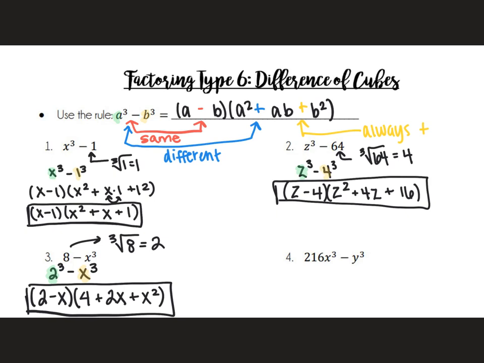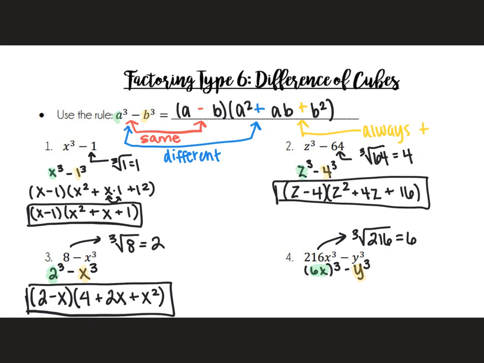Our last example looks a little different because we have variables in both terms. I'm going to start the same way by getting the cube root of 216, which is 6. This time when I rewrite, I'm going to rewrite as 6x cubed minus y cubed. And now when I've rewritten it this way, I can see that 6x is a and y is b.